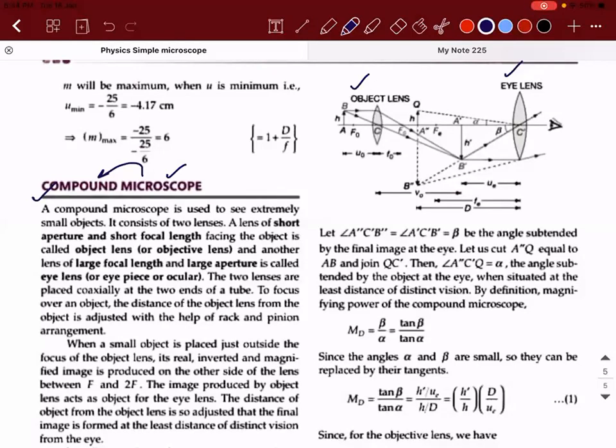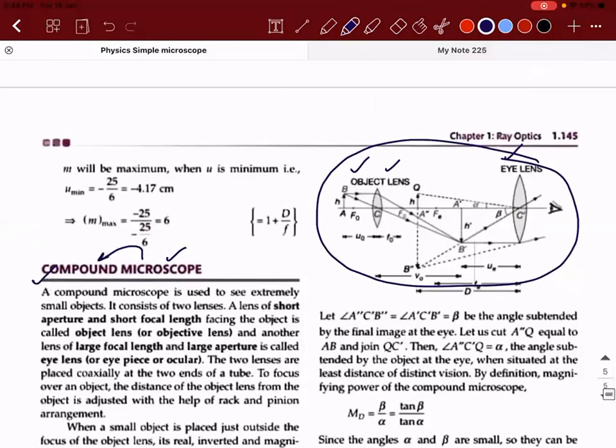Compound microscope is mainly used in observing microorganisms. You'll use it in your biology lab. Those who are biology students, you'll be knowing this. In this compound microscope, you have two important lenses. One is called the objective and the second is called the eyepiece. This idea is derived from the concept of combination of lenses.